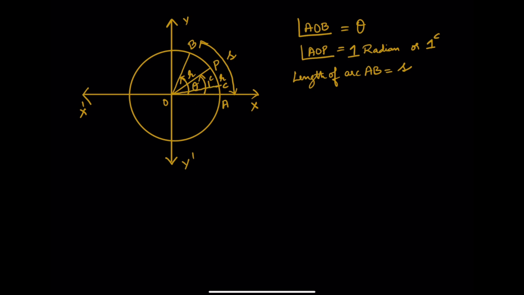Now if you move the point C to point B, the length of the arc also increases and the angle formed also increases. So that means the length of the arc is directly proportional to the angle formed.